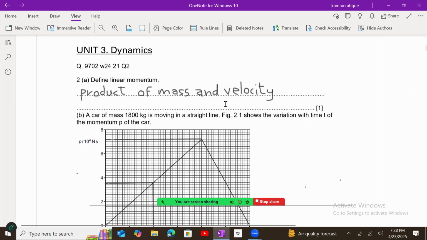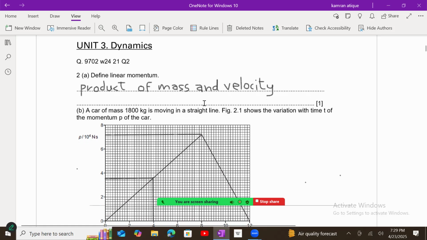Already, in case of turning effect of forces, we have multiplied force and perpendicular distance and obtained a new quantity called moment, M-O-M-E-N-T, or the turning effect. So many new quantities are being defined by simply multiplying two already defined quantities.